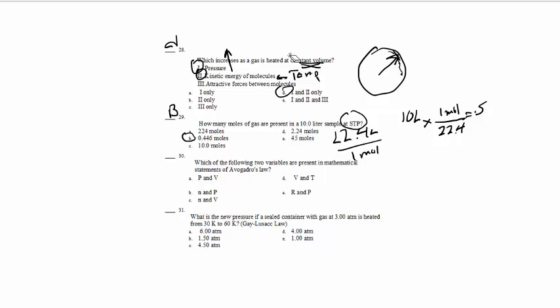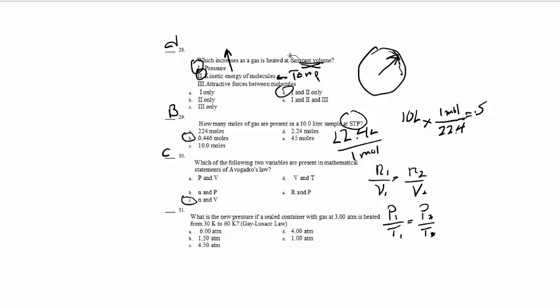So Avogadro's law basically states that the moles of a gas are directly proportionate to the volume of a gas. So it seems like the answer would have to be N and V, C. So here we have a gas law which states that the pressure is directly proportionate to the temperature, like this.